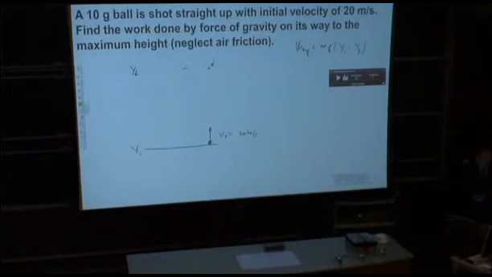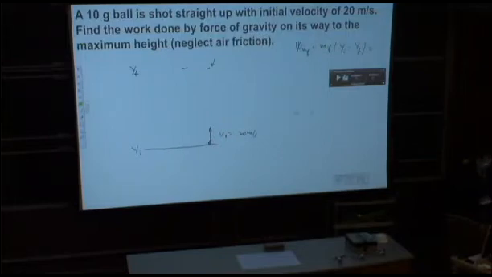Do you think it's a positive work or a negative work? Negative, of course. First of all, it slows it down, which means kinetic energy decreases, so work has to be negative. Plus, of course, if you look at the picture, it goes from a low height to a high height, so this difference is negative. Well, we know the mass.